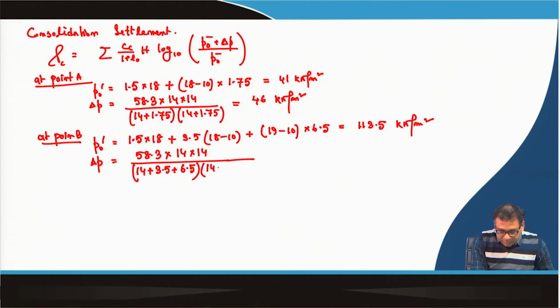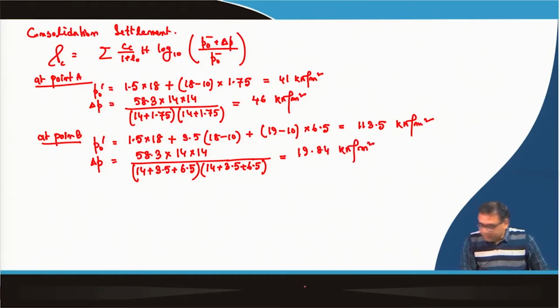So, this is equal to 19.84 kilonewton per meter square.